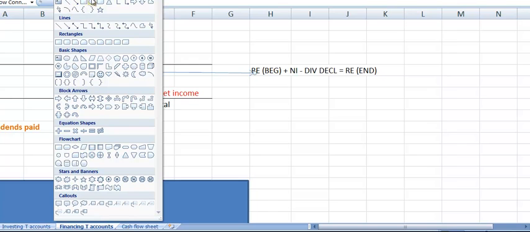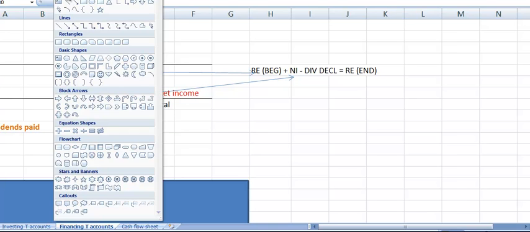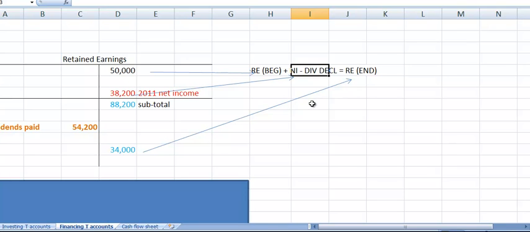We also know that during the year we had 38,200 in net income, right? So we know that these two together are going to give us 88,200. To get the ending balance, which we are given in our question, is 34,000. We need to figure out this guy in here, the amount of dividends that were declared. And the dividends declared would have been whatever it took to reduce our retained earnings from 88,200 to 34,000, and that would have been 54,200.